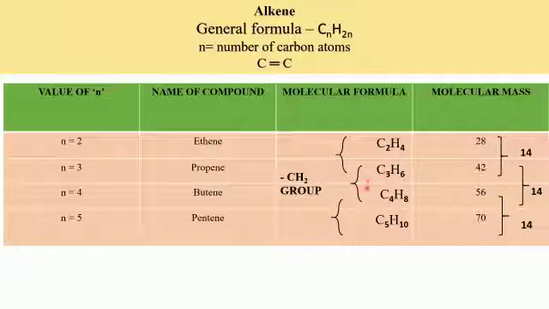So this is true for any 2 consecutive members. Any 2 consecutive members in the series will differ by a CH2 group. Similarly, the molecular mass also will differ by 14. Molecular mass of any 2 consecutive members in the alkene series will also differ by 14.